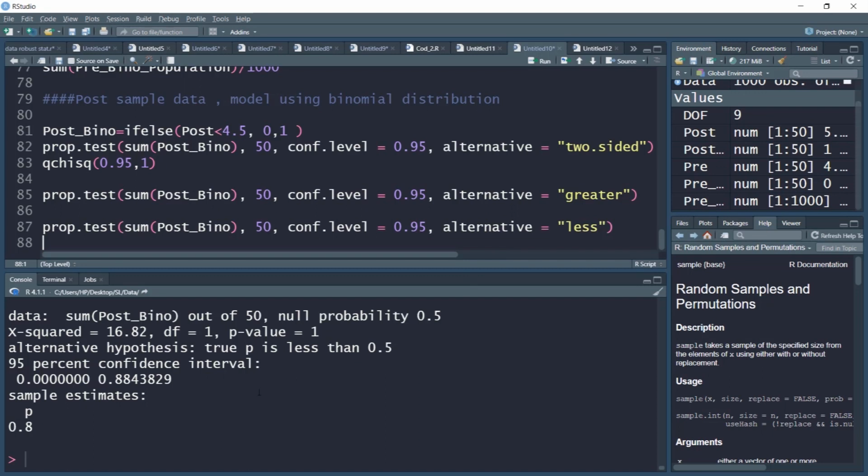If I run this hypothesis, please notice the p-value is 1, which clearly indicates that this was a spurious hypothesis. We already knew that somebody with a score of 1 will have a higher probability than somebody with a score of 0.